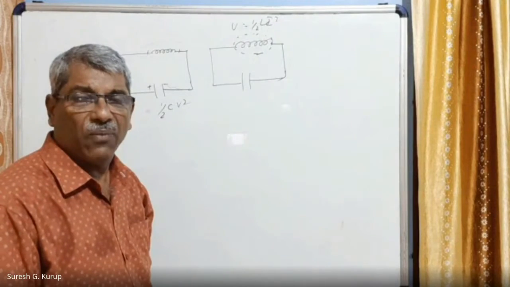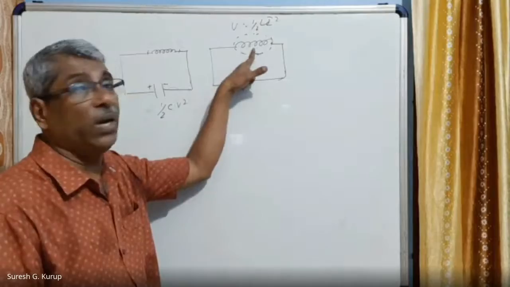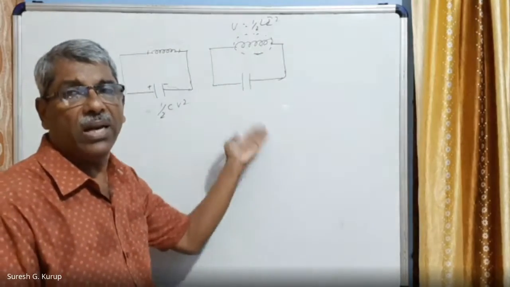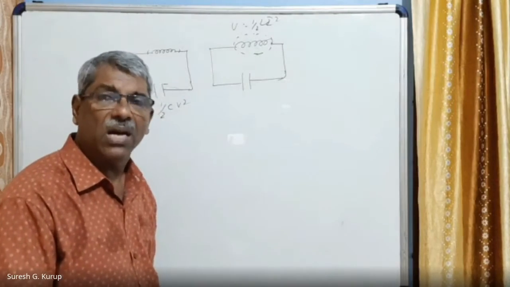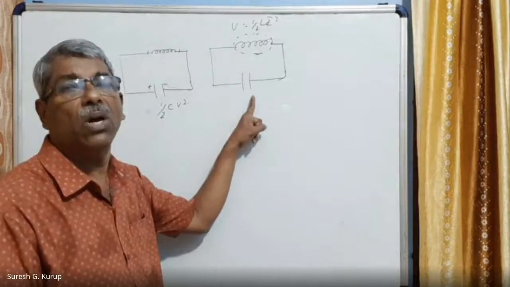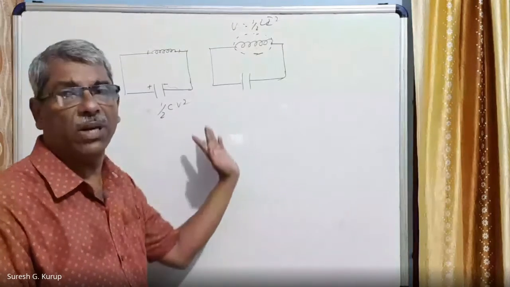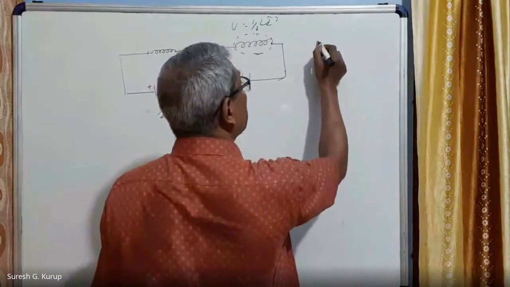When there is no charge to come to the coil, the flux starts decaying. Decaying flux will induce an EMF inside the coil that will charge the capacitor oppositely. That means the second plate becomes positive and the first plate becomes negative. That also we'll see. So that is this diagram.